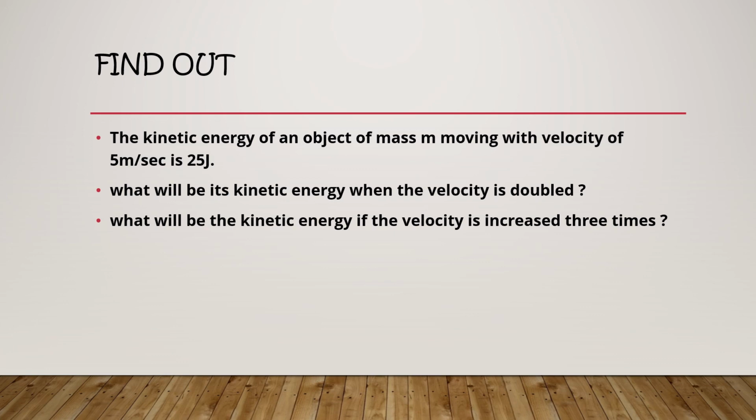If we double the velocity, what kind of change will there be in the kinetic energy? What will be the kinetic energy if the velocity is tripled, that is, increased 3 times? Double means we have to multiply the velocity by 2, isn't it? 5 meter per second will become 2 into 5 meter per second, and in the second case the velocity will become 3 into 5 meter per second, 3 times the velocity.